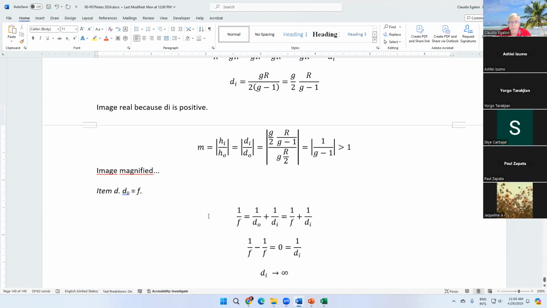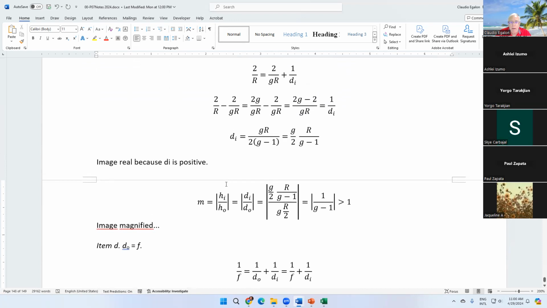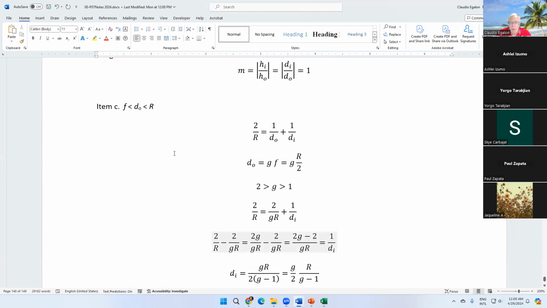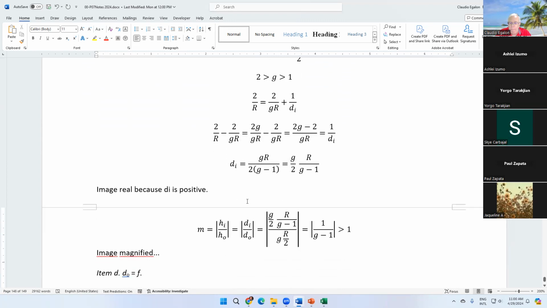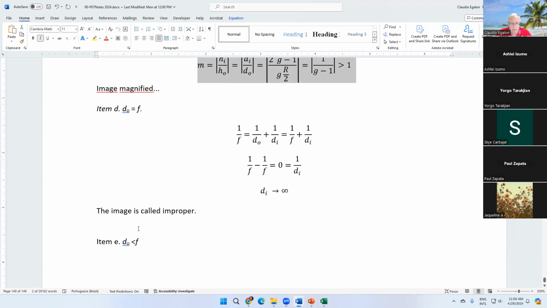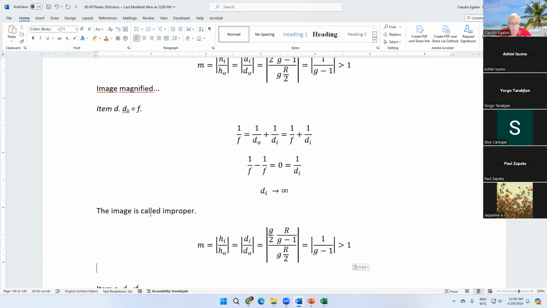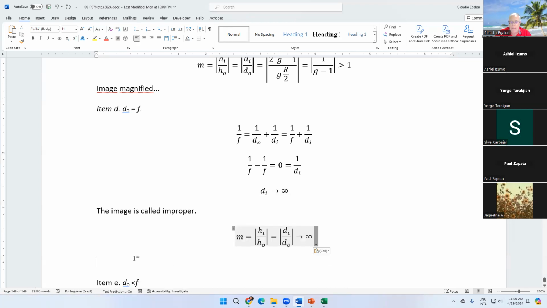Okay. And what else? We have, let's see. Let's work the magnification. Just like before, the magnification is going to be almost infinity, right?